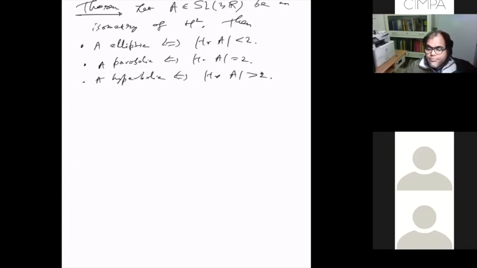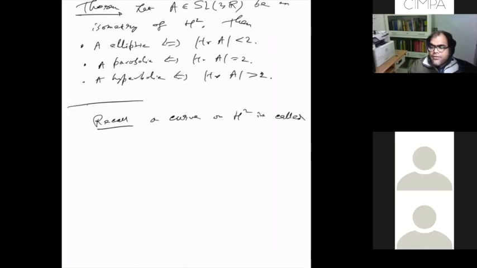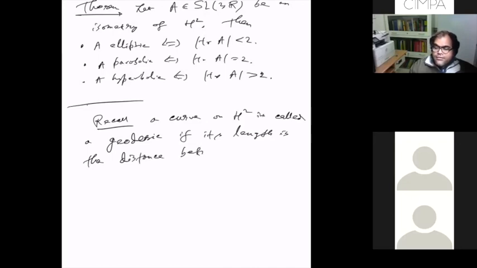Finally, I will recall what the geodesics of the hyperbolic plane are. Recall that a curve on H2, or any Riemannian metric space, is called a geodesic, as Arindam has discussed in his first lecture, if its length is the distance between 2 points.